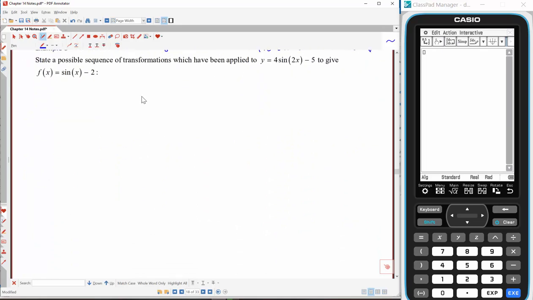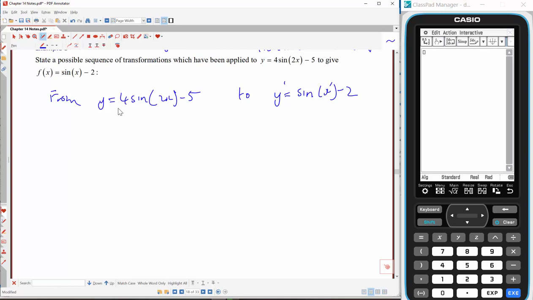All right, state a possible sequence of transformations which have been applied to that to give us this. So we're going from y equals 4 sine 2x take 5 to y equals sine x take 2.